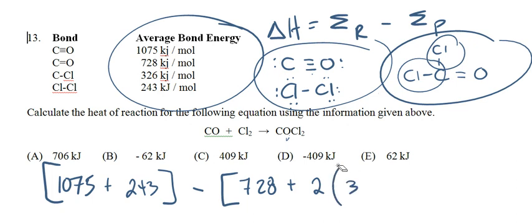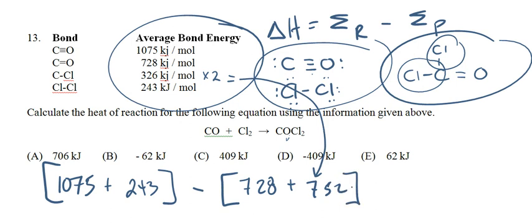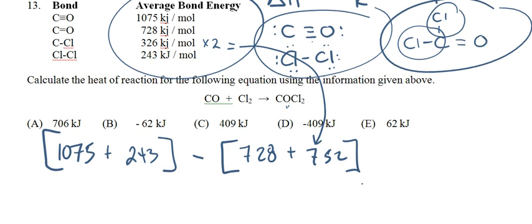Actually, let's not do 326. Let's do it up here. So 2 times that gives me 752. Alright, and I'm approximating here. Hopefully I can go down just a little without revealing. Okay.